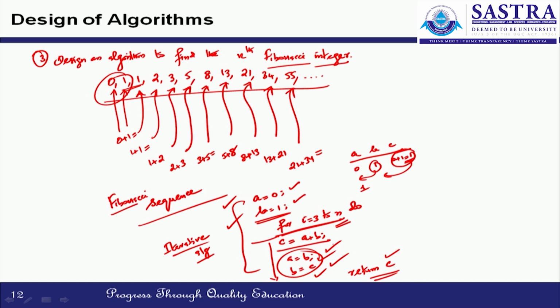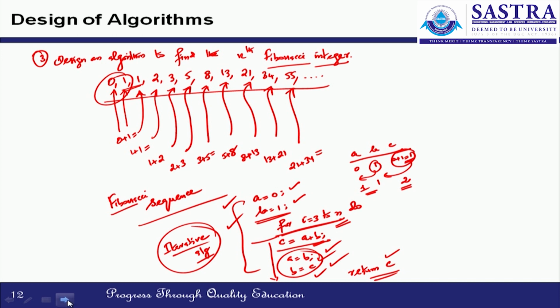So we have written b is equal to c. So next, when c is equal to a plus b is evaluated, 1 plus 1 becomes 2. This is the iterative algorithm or iterative logic to compute the nth Fibonacci integer.